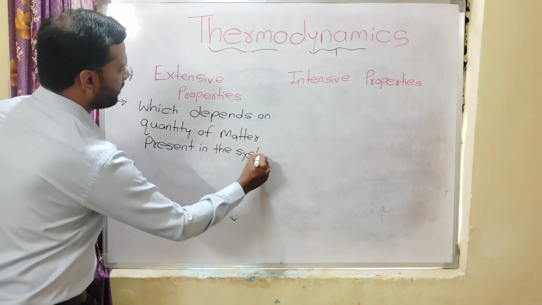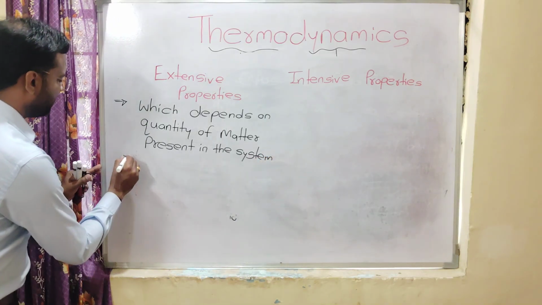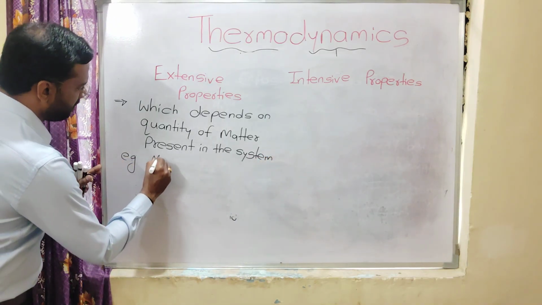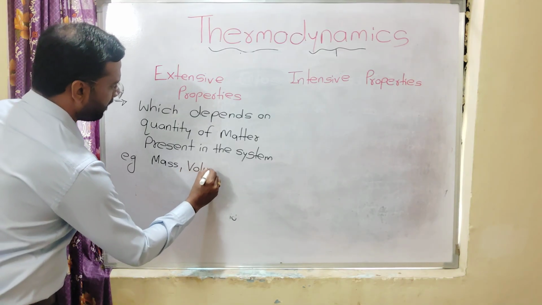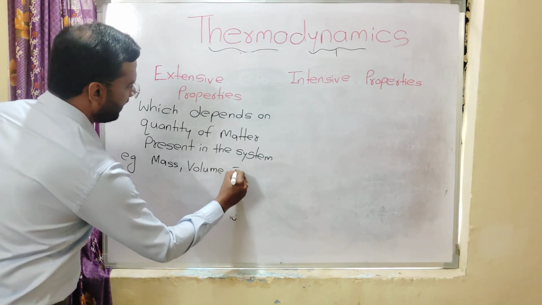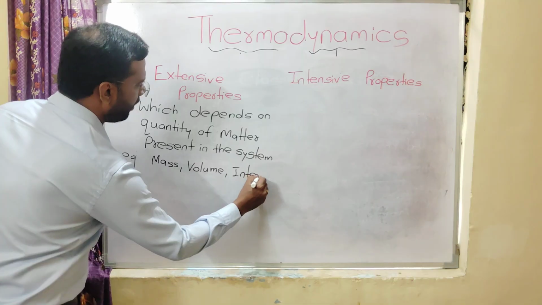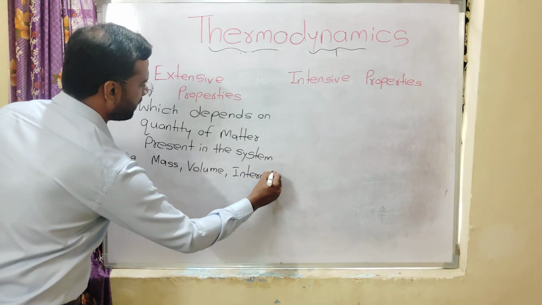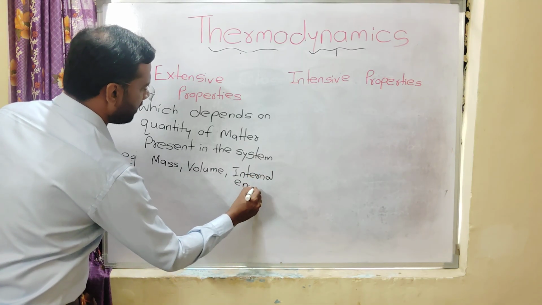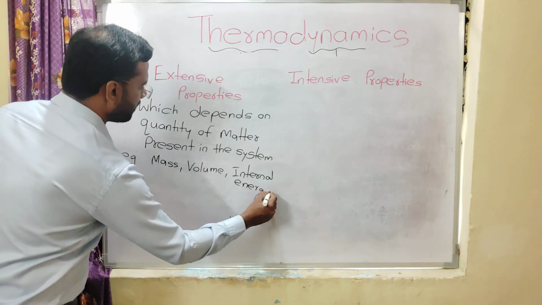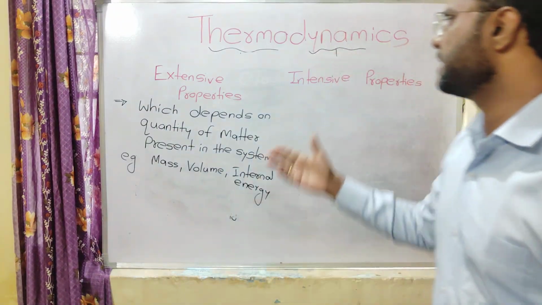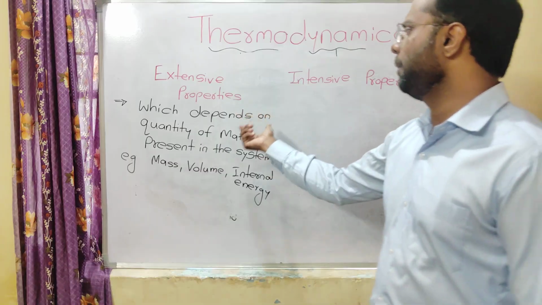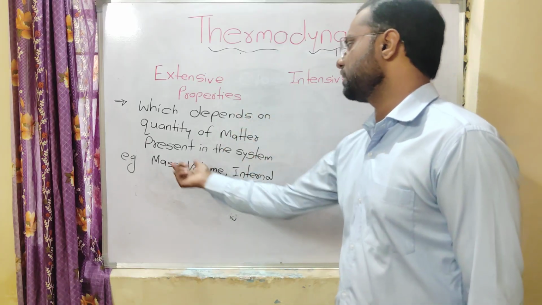We can take examples of that: mass, volume, internal energy. All forms of energy we can take as examples, such as internal energy. So what exactly are extensive properties? Those which depend on the quantity of matter present in the system.